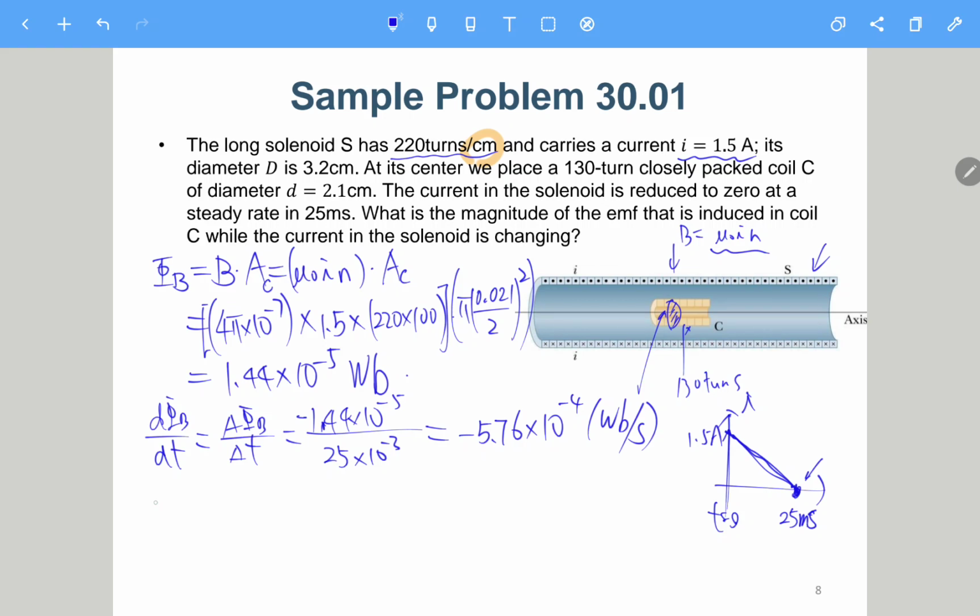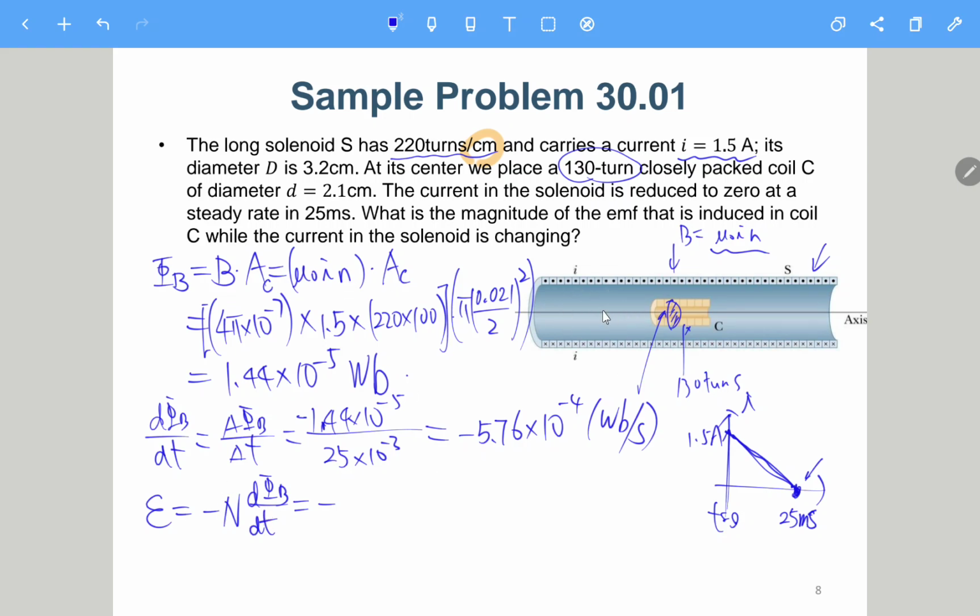So finally we have E equals negative N d phi B dt. This is Faraday's law. N is 130 turns. It doesn't tell you how many turns per unit length; it only relates to the number of turns. This is capital N, and that one is small n, the number of turns per unit length.